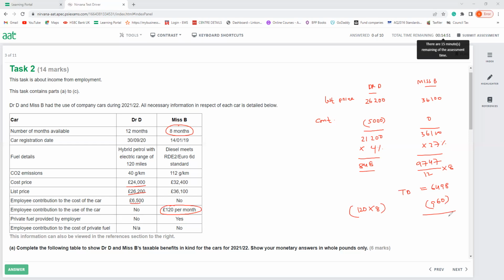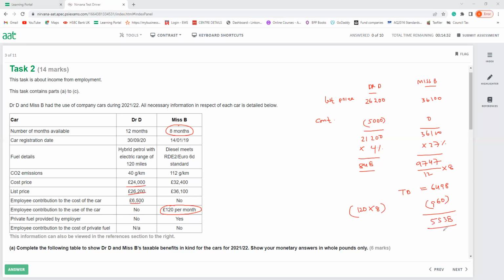And that will give us 6498 minus 960. And that will give us 5538. So this is the taxable benefit.